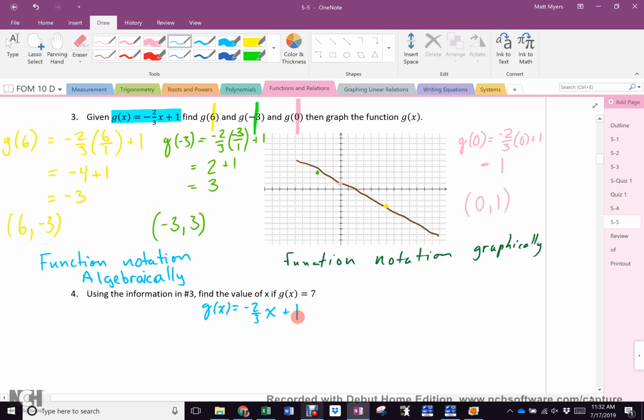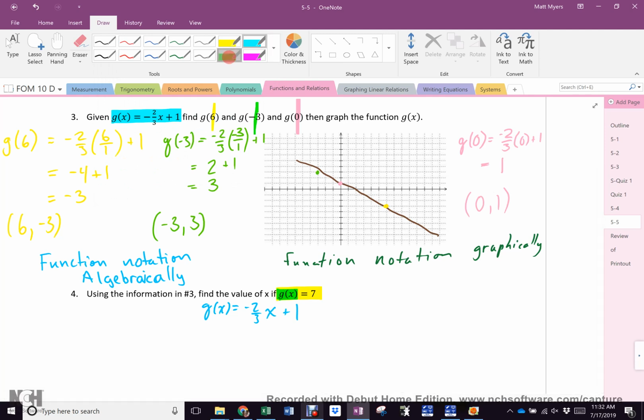Now, when I knew what x was, I put it in for x, yes? What is different here? Do I know what x is? No, it's still an x. But do I know what g of x is?